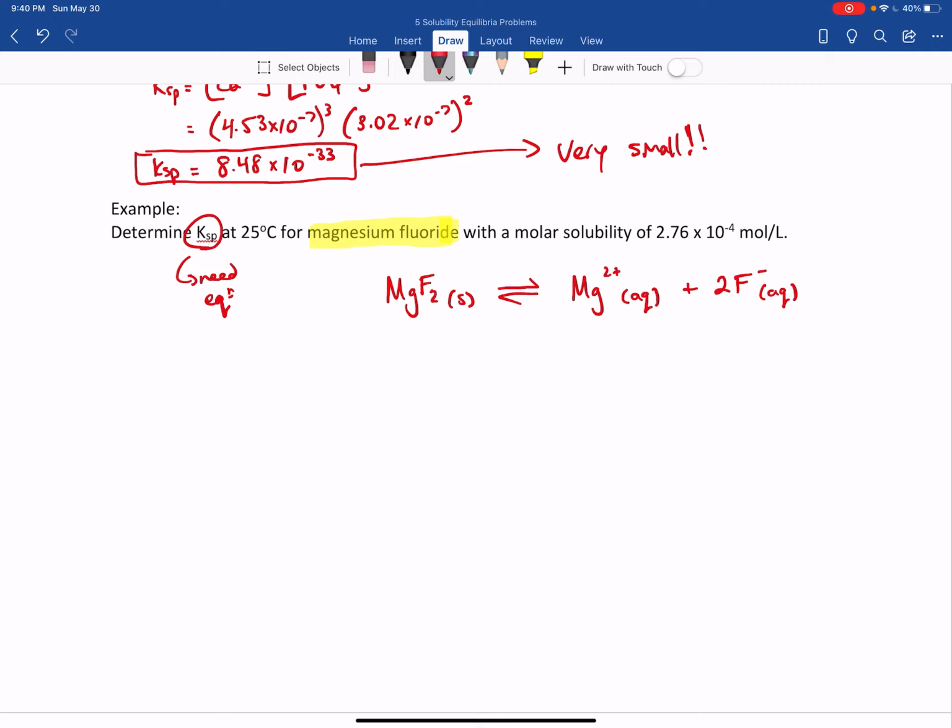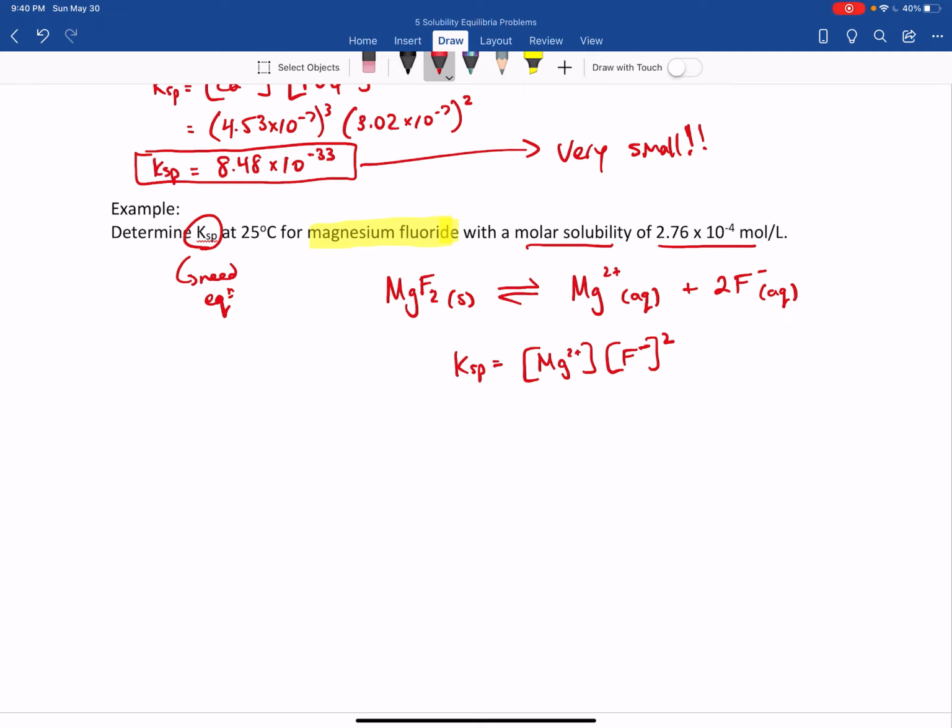If we write the KSP expression, products over reactants, so for solubility, we only ever have the ions multiplied by each other, squared, because we have the coefficient of 2 there. Now, in the question, we were told molar solubility of. That doesn't tell us anything about the ion concentrations.